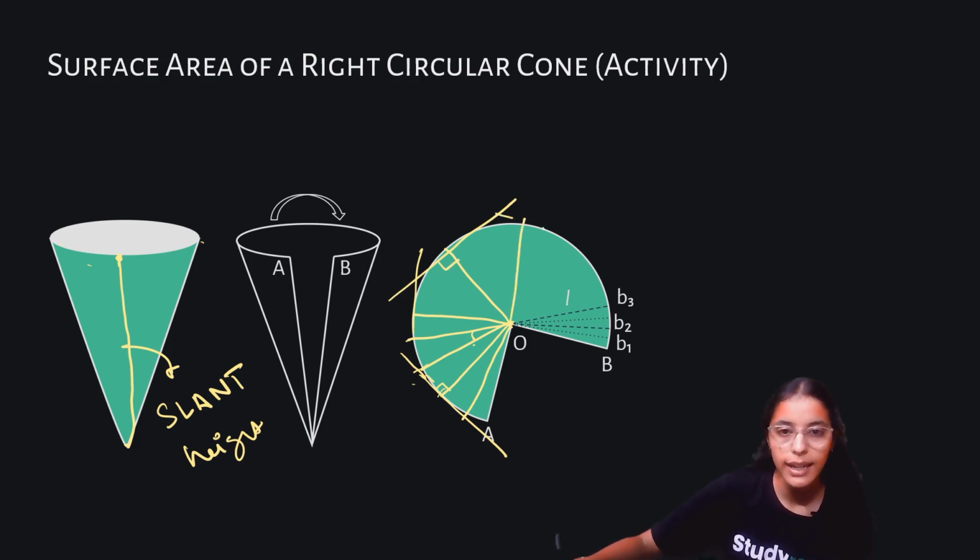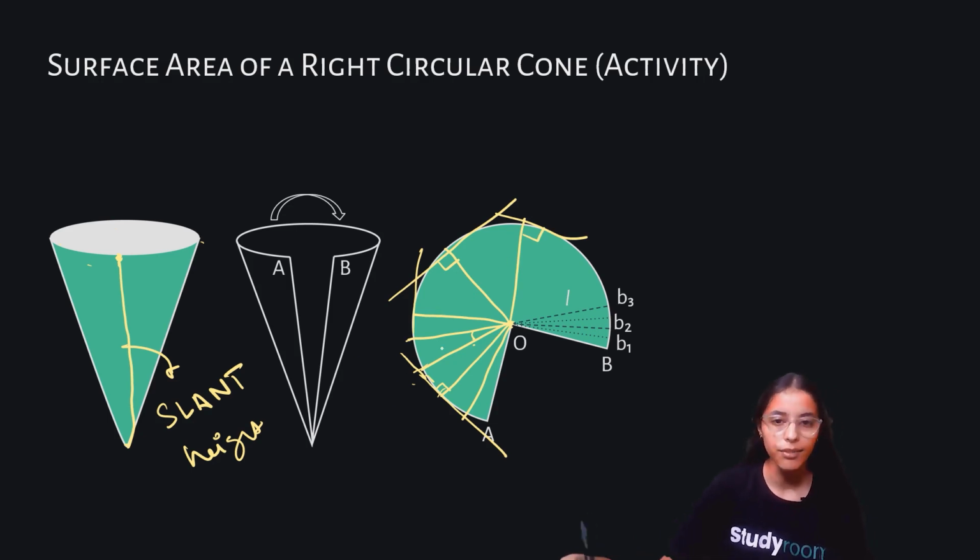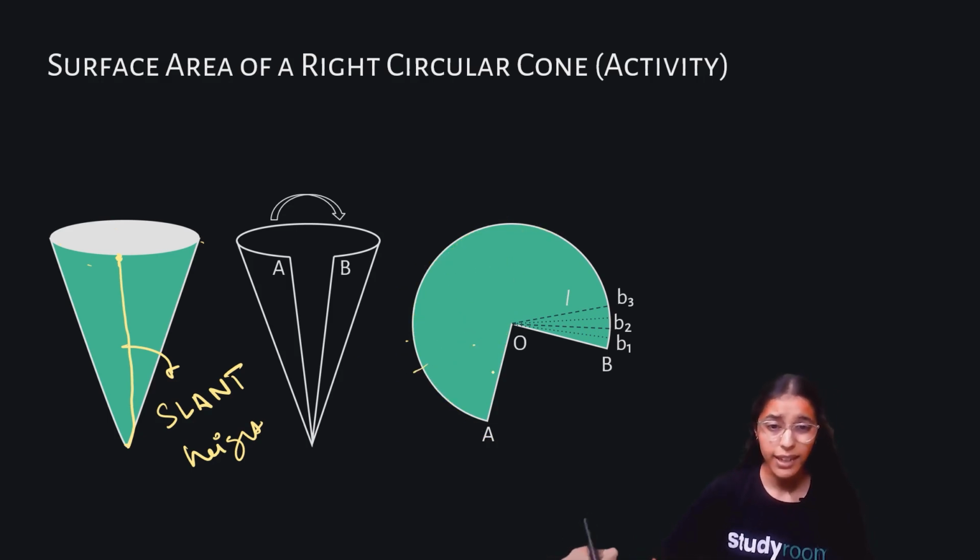So we are always getting a 90 degree angle, and hence a lot of right angle triangles. If we sum over all the right angle triangles, then we can get the surface area of this shape.